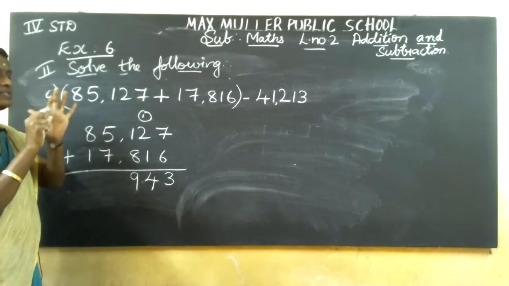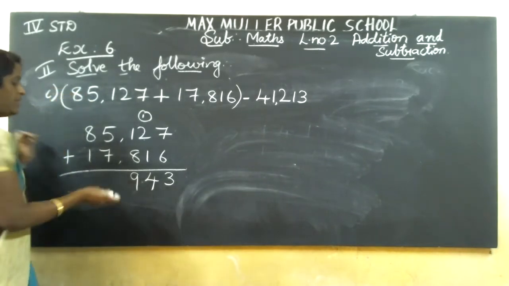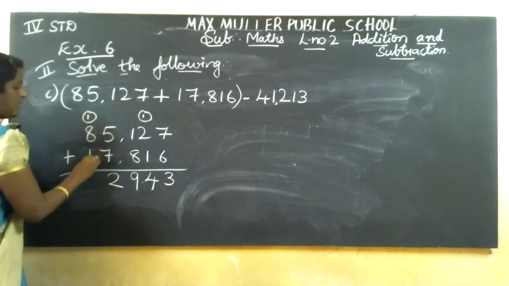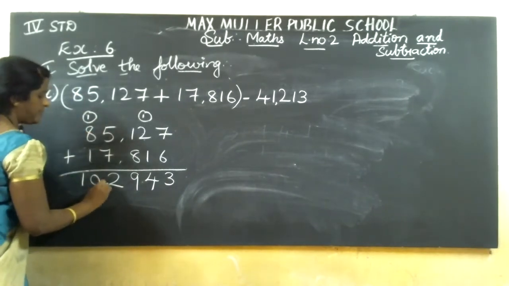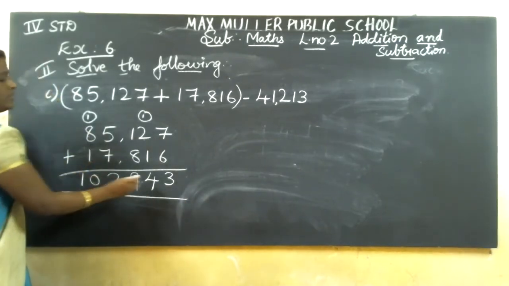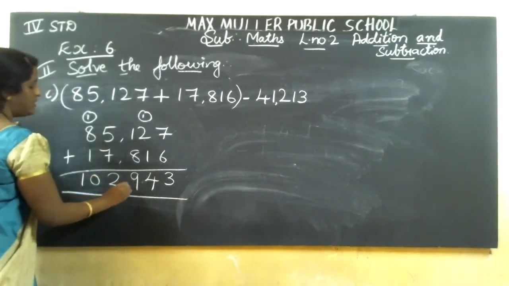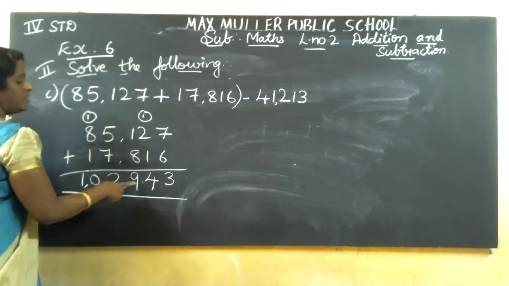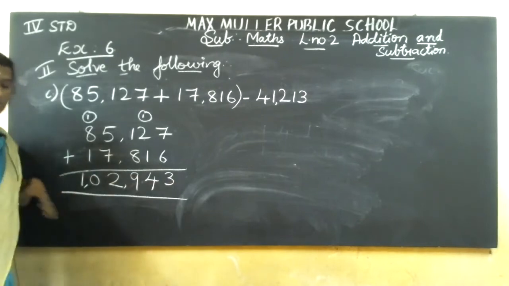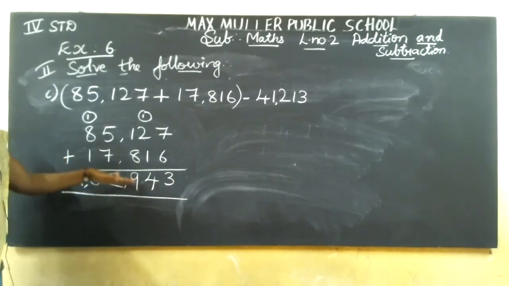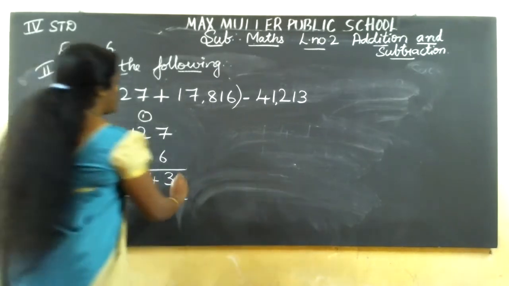After 5, 6, 7, 8, 9, 10, 11, 12. 2, 1 carry, 8 plus 1, 9, 9 plus 1, 10. So here you will get ones, tens, hundreds, thousands, ten thousands: 1,02,943. So subtract this.